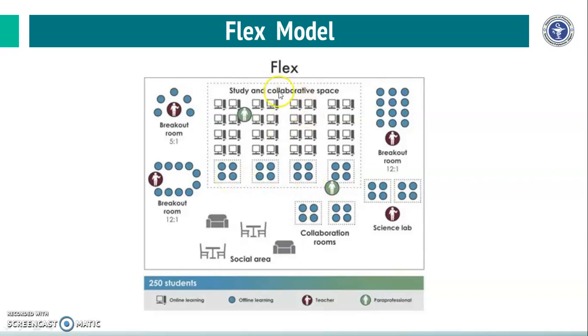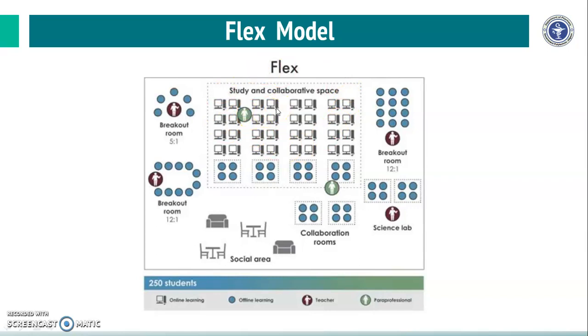So the students learn through collaborative spaces, in the collaboration rooms, or they can go to the instructor in the lab for instruction. And the important thing here is that whenever they feel like meeting a teacher, only then will they go, or otherwise they will prefer internet based learning.